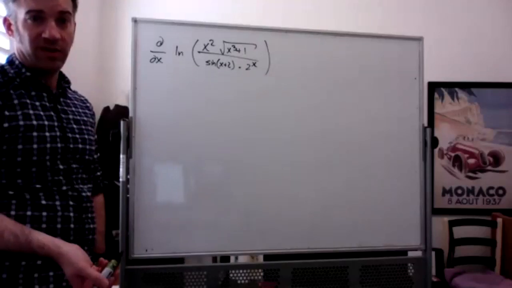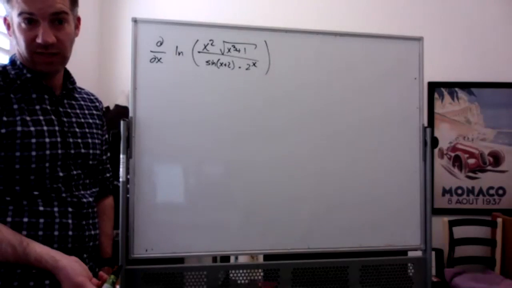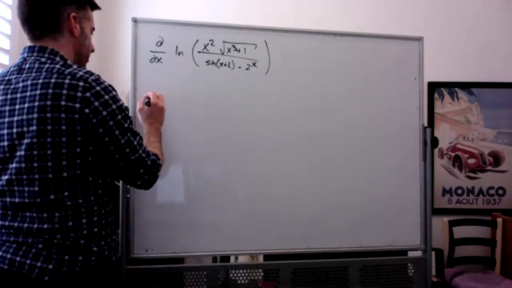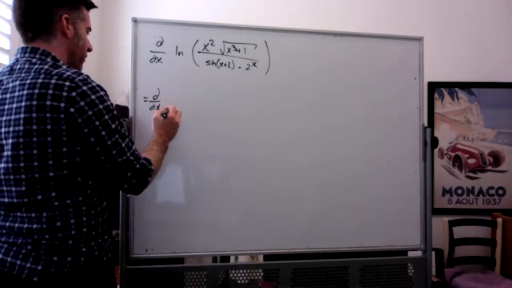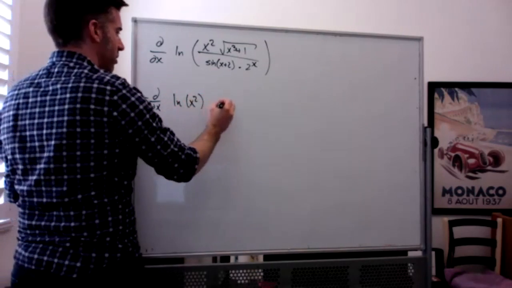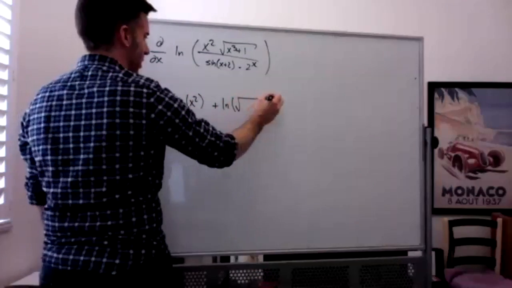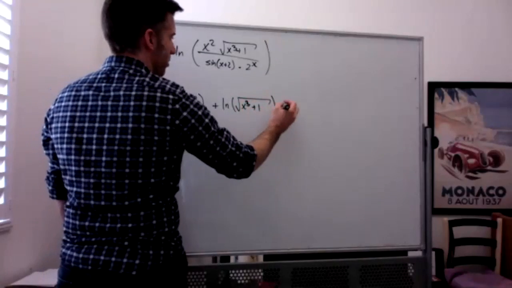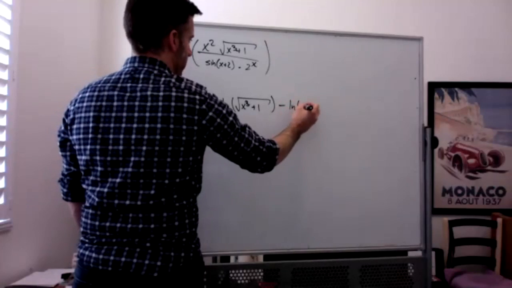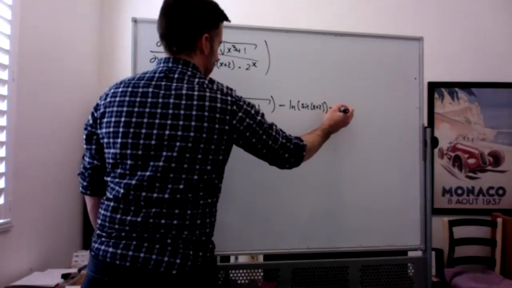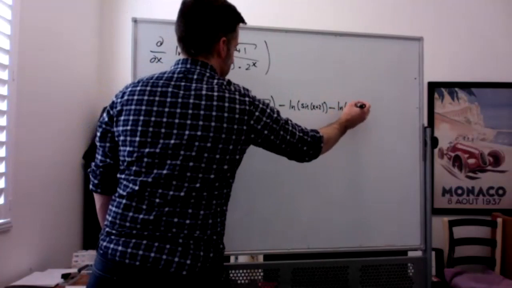The idea there is that we wanted to expand this expression because it makes it easier to deal with. So we can definitely write that as the derivative of the natural log of x squared plus the natural log of the square root of x cubed plus 1 minus the natural log of sine of x plus 2 minus the natural log of 2 to the x.